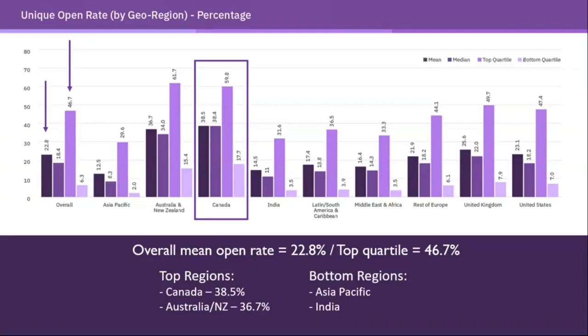Fundamentally you see that Canada is above everybody else. My point is not to take away from any Canadians that might be on this call, nor that Canadian marketers are significantly better than anybody else. But fundamentally the CASL legislation forced Canadian marketers, and those that market into Canada, to reconfirm permission, to get express consent from their subscribers.